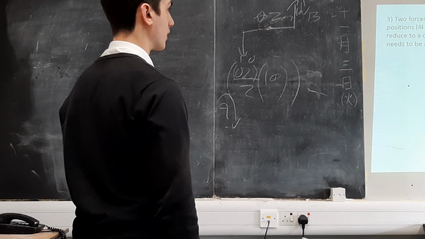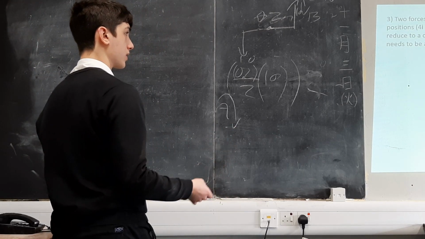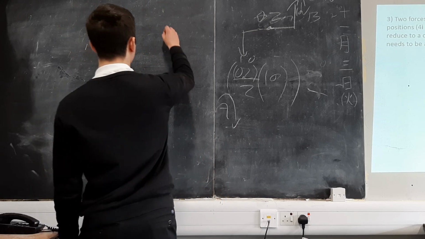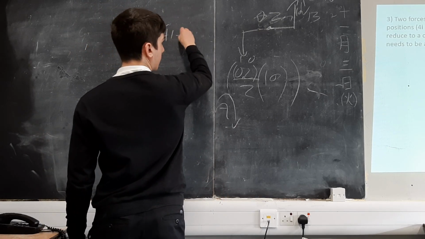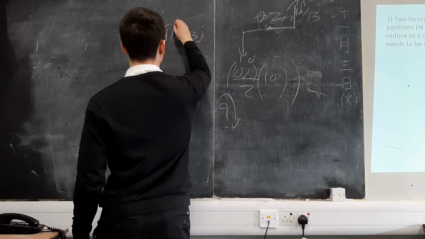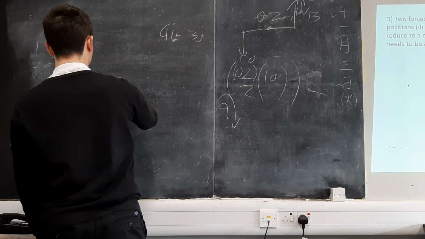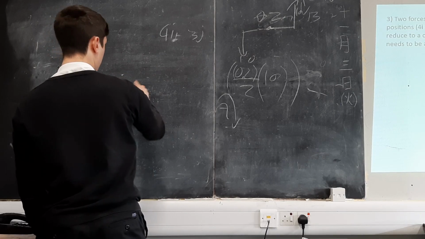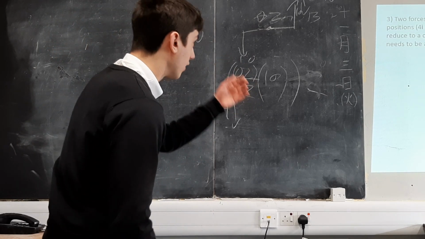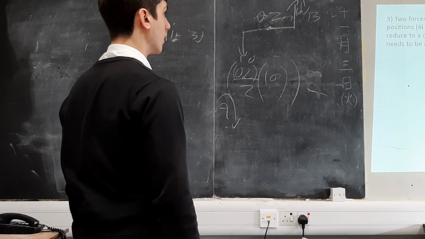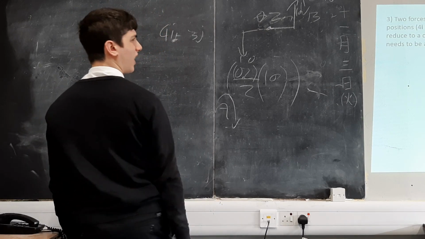No, it's 2 forces. Okay, I'm going to write the positions first. So 4I plus 3j, and then 2I, 0j, and then we write the forces. So 2I, I did write this right.